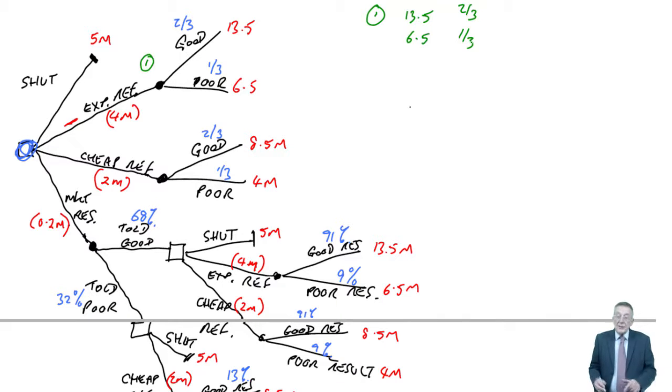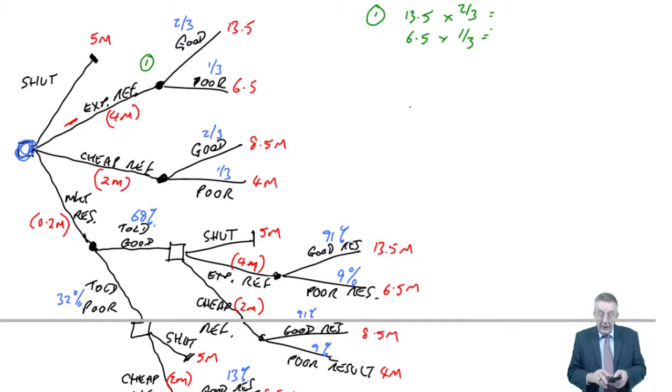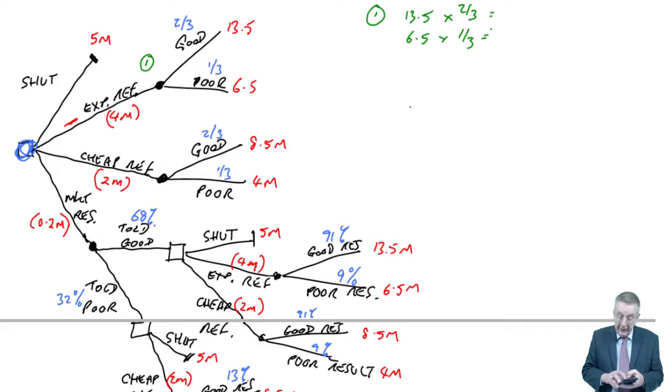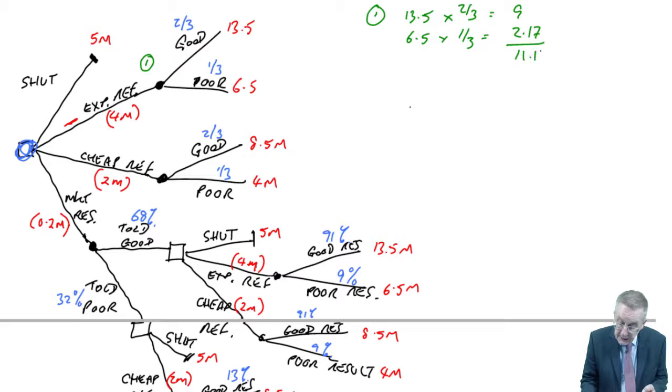And so we'll remove the uncertainty and replace it with the expected value. So as always, multiply by the probabilities and add up. 13.5 times 2/3 is 9. 6.5 times a third is 2.17. That's 11.17.